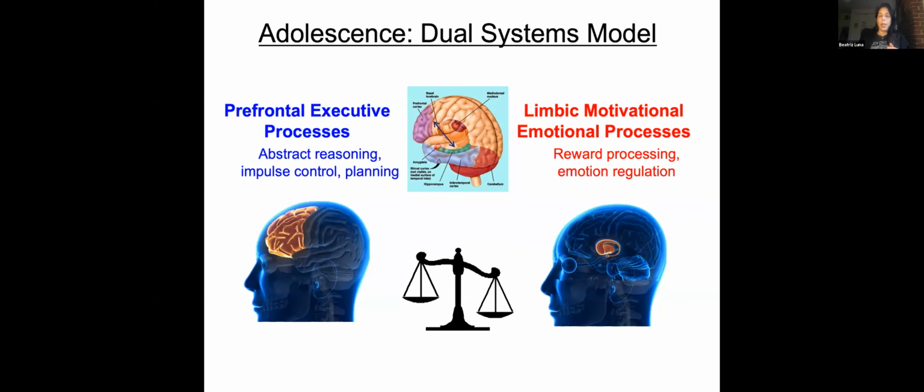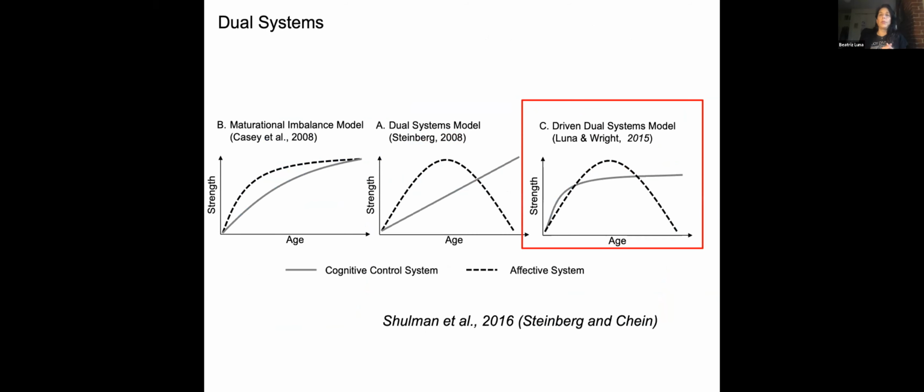We have a model called the driven dual systems model, where what we propose, as opposed to previous models that you might be more familiar with, because the media likes to think that prefrontal systems, here presented in the solid line, are not available in adolescence but aspects of motivation are predominating.